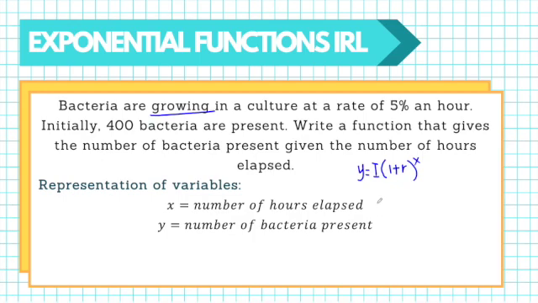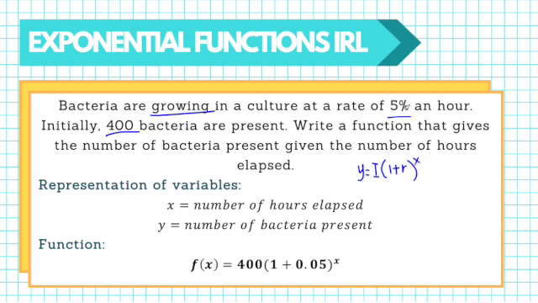We use plus since this is an exponential growth. Using this, we simply substitute the initial value and the rate. We know that the initial value is 400 and the rate is 5%. Therefore, our function would be f(x) = 400(1 + 0.05)^x.